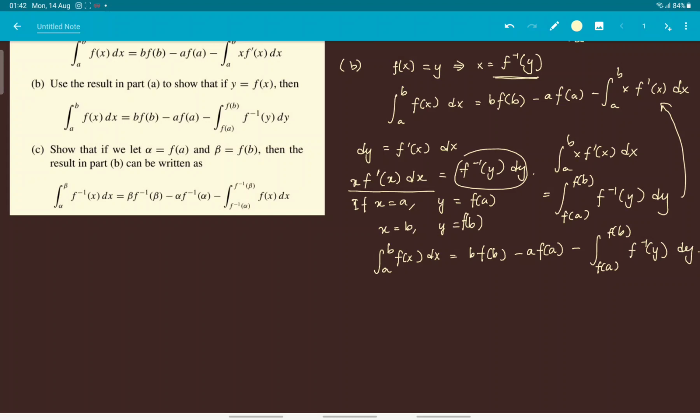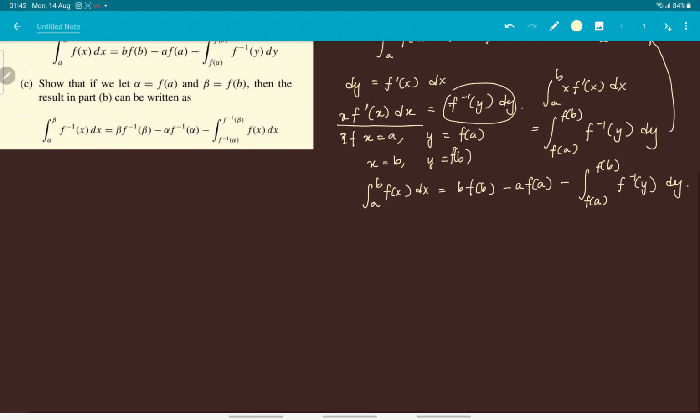Show that if we let alpha equals f(a) and beta equals f(b), then the result in part B can be written as given. So now in B, we have the integral of f from a to b with respect to x equals b f(b) minus a f(a) minus the integral from f(a) to f(b) of the inverse of f(y) dy.